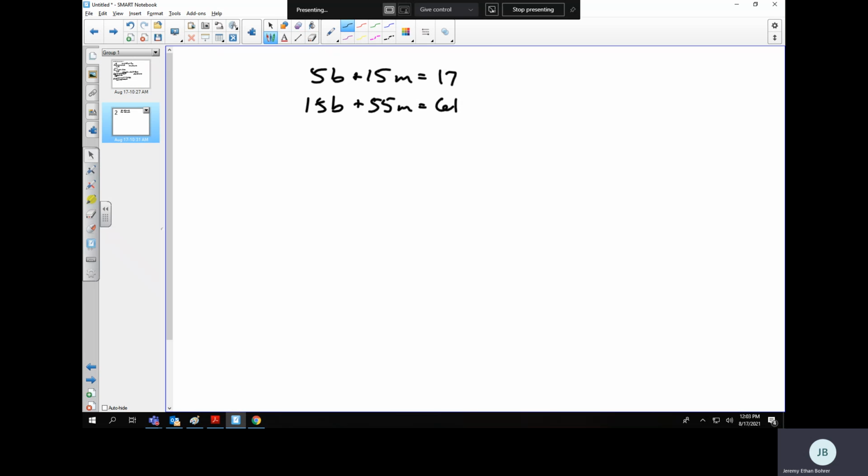There we go. Okay, well, one thing I can do to make this simpler on us is to multiply this equation by -3. That gives us negative 15b minus 45m equals 17 times 3, which is negative 51. So I'll just put that here.